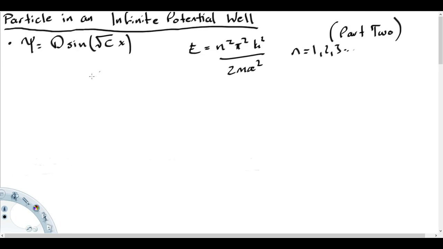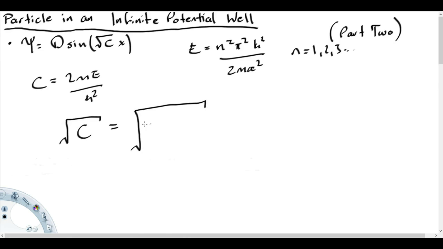So we had C in the previous video. This is just a constant that was set to 2mE over h bar squared. So that means square root C is equal to the square root of 2m over h bar squared times the energy, which we found to be n squared pi squared h bar squared over 2ma squared.